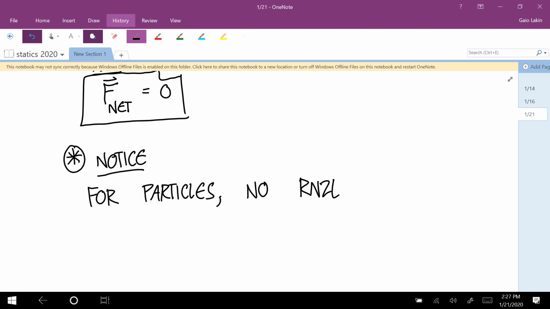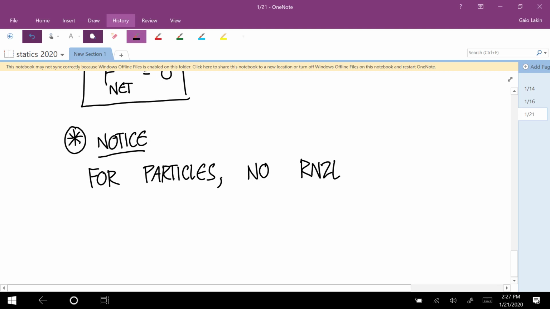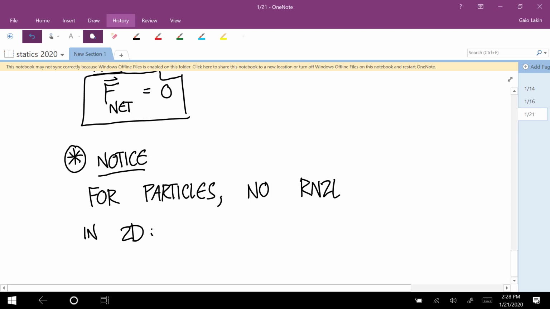This is an equation that has to be satisfied if something's in equilibrium. Since it's a vector equation, you can think of it as multiple separate equations for the different components. So how many independent equations does this give us? If we're in 2D, then this equation says add up all the x components of the forces, and they have to add up to zero.